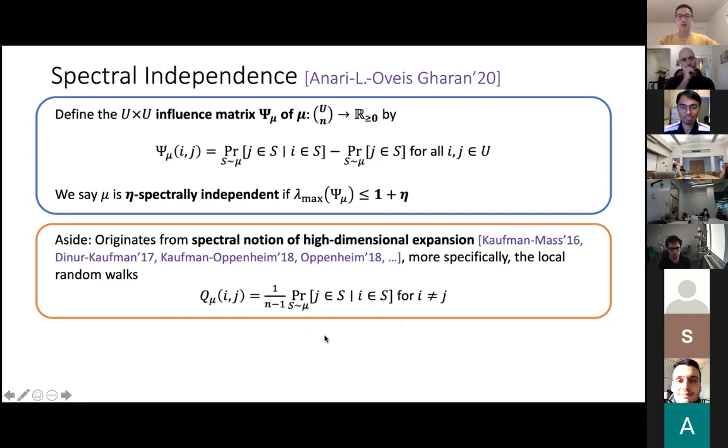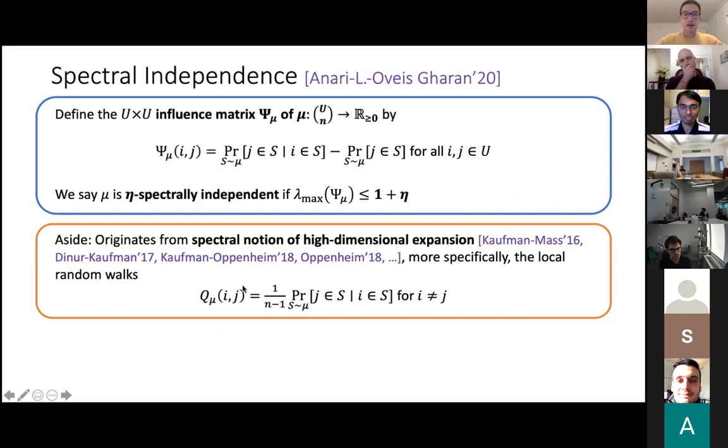Okay. And so there, the goal was that if you have an expansion condition in the usual sense for these local random walks, then that will give you some expansion condition for the global Markov chain that you care about. And this is exactly what spectral independence also quantifies. So there is a very precise relationship between the spectral structure of these influence matrices and these local random walks.